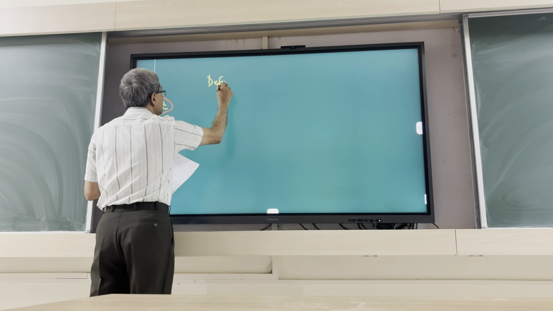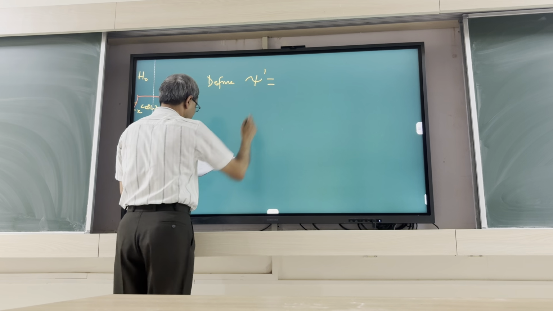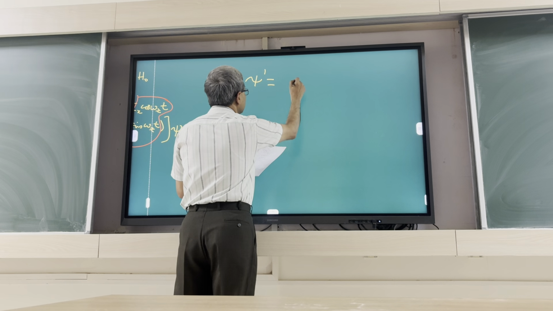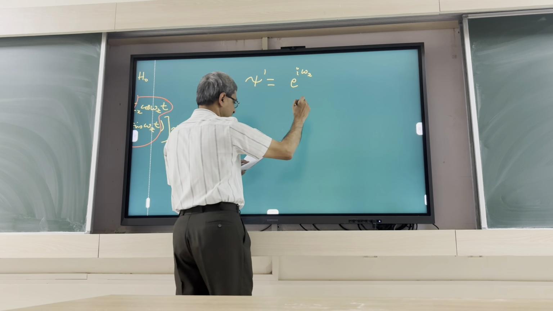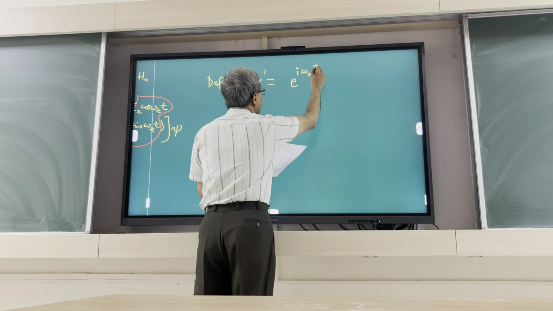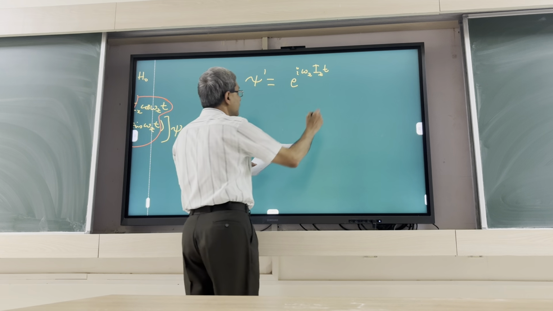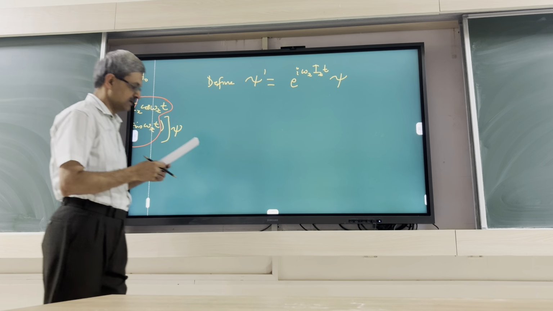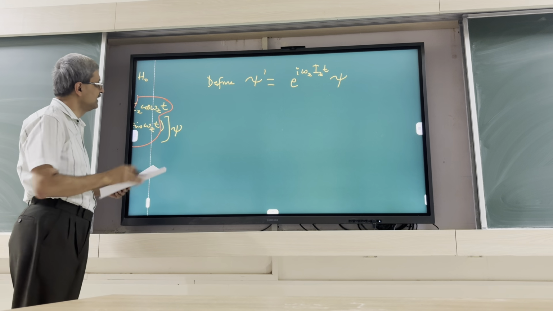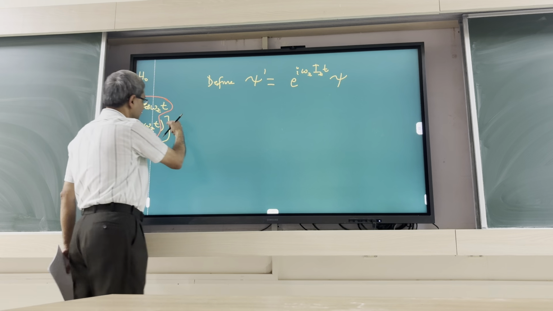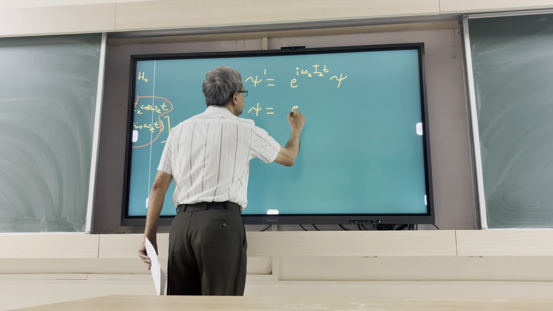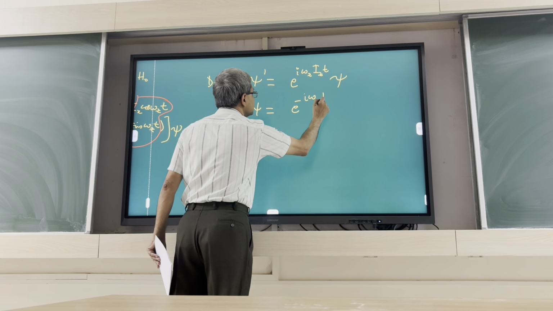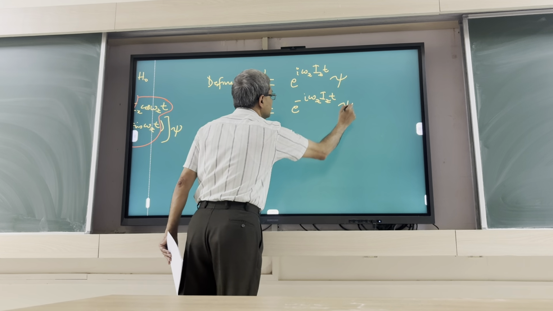So we define psi prime as basically the rotated, in some sense, e to the I omega z Iz t. Okay, we define it like this. So our equation is in terms of the wave function. So we write now psi is e to the minus I omega z Iz t psi prime.